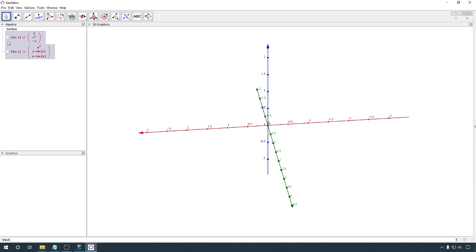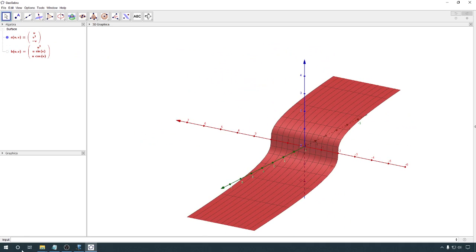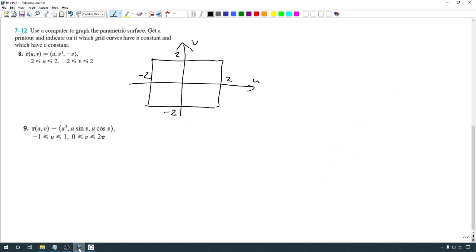Let's go back to problem 8. We're going back to this one here. If I take this particular surface, so I take this particular equation here, and we'll fix maybe u equals 1. If I set u equal to 1, then we have r of 1, v is equal to 1, v cubed, negative v.